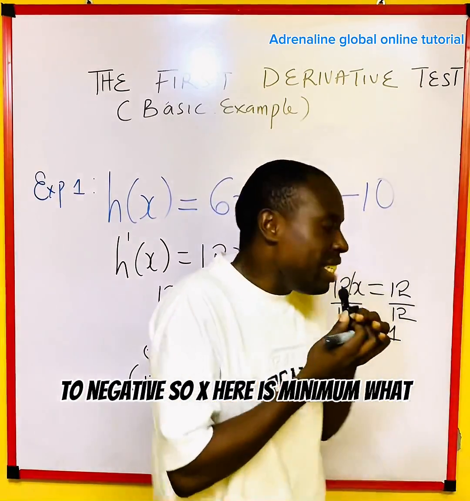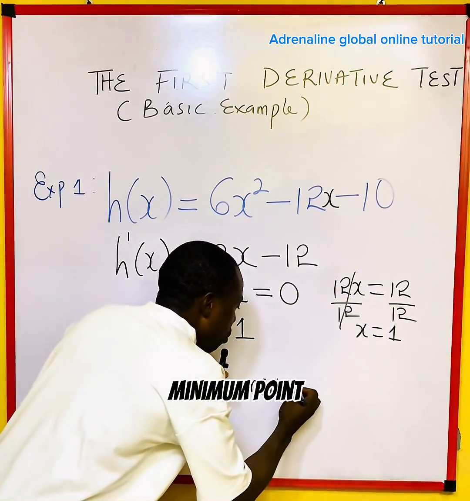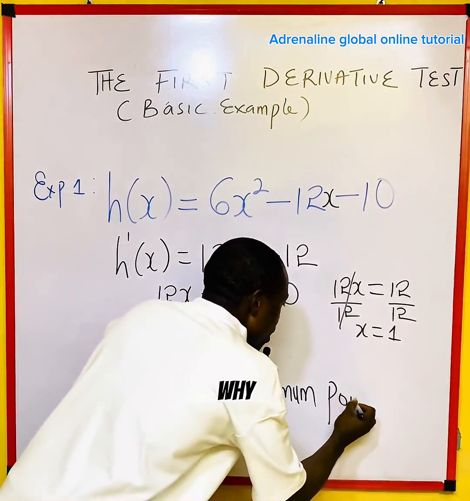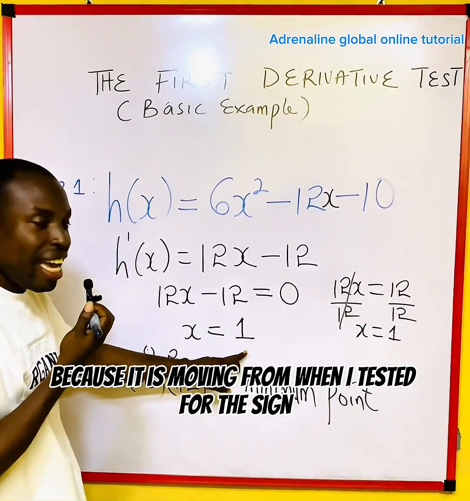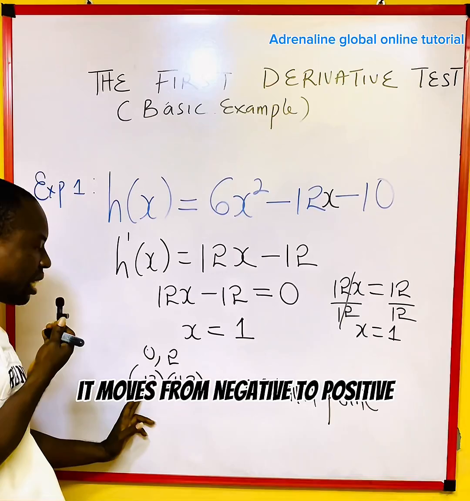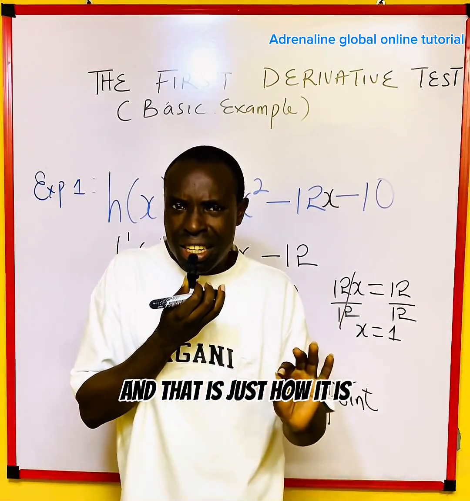So x here is a minimum point. Why? Because when I tested for the sign, it moves from negative to positive. And that is just how it is.